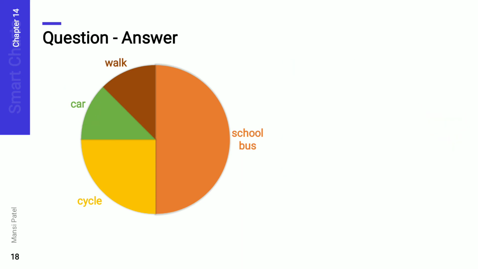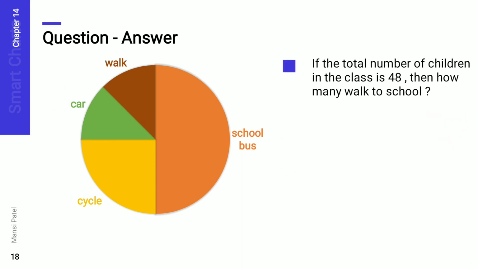Now your next question is, if the total number of children in the class is 48, then how many students would come by walking? So again, what is the fraction for walking? That is 1 upon 8 only.